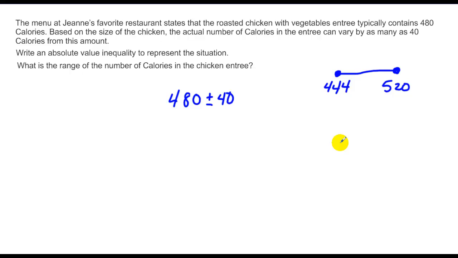Therefore, in this case, what I want to do is state this as an absolute value that looks like an AND. So I'm going to say, if this is AND, I have x is less than the 480 and a range of 40 above and below. Bring the 480 over.